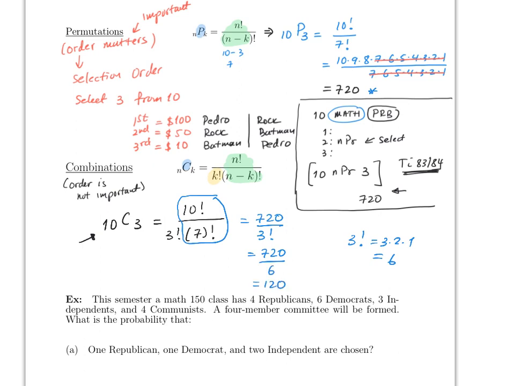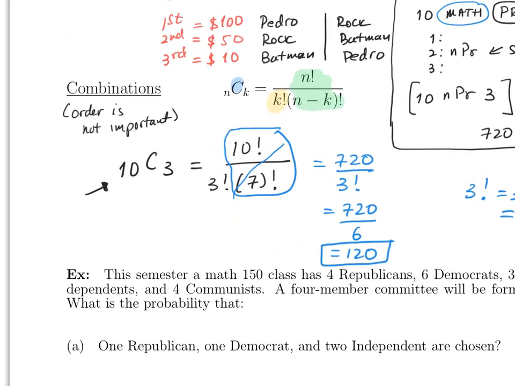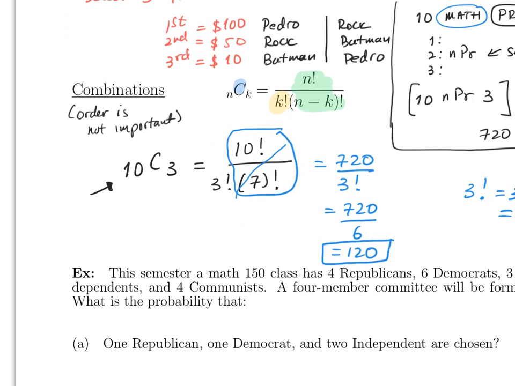So as you can see, when the order doesn't matter, you have a lot fewer choices than when the order does matter. Remember that here everybody gets the same thing. So there will be no first, second, and third place. But let's say the first place will get $20.